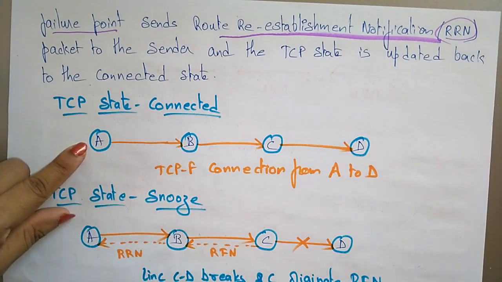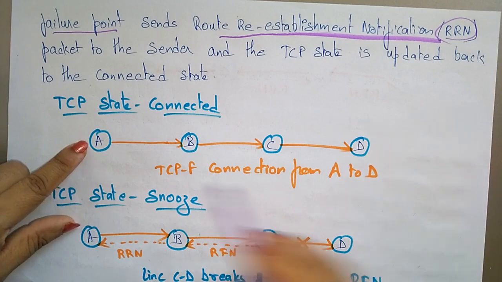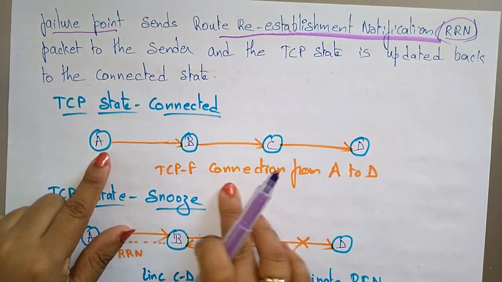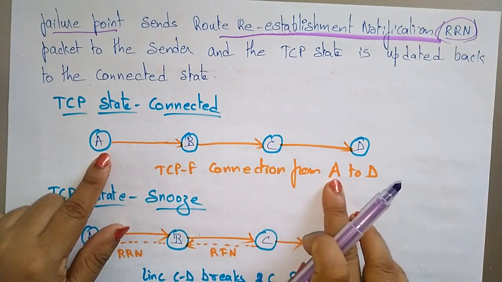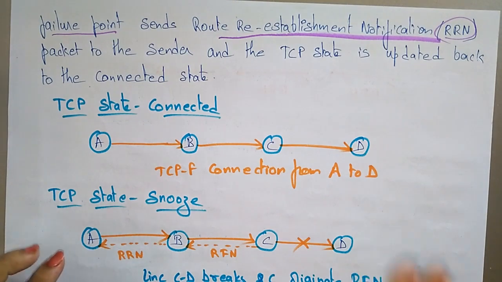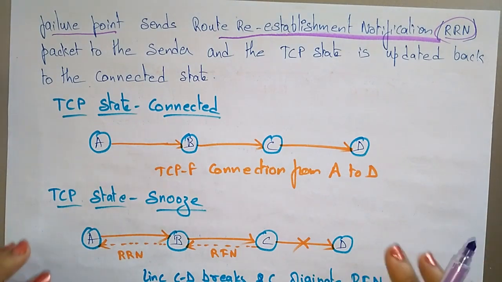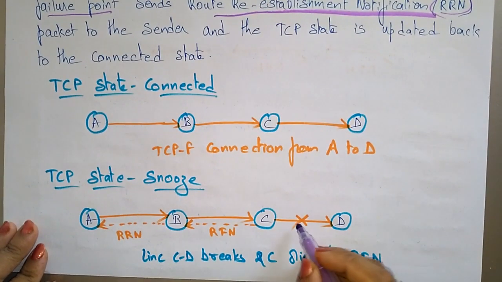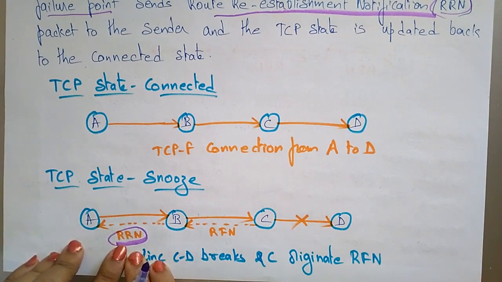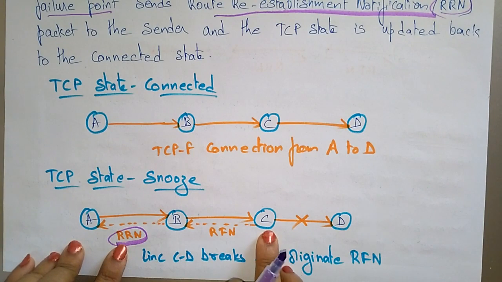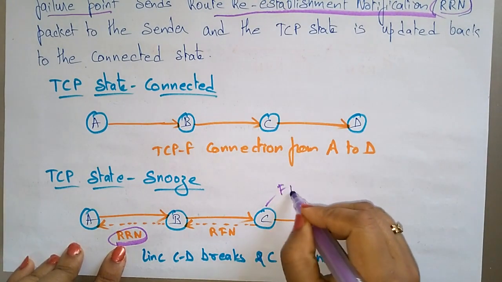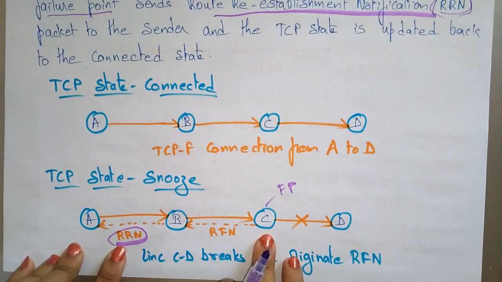So see here the example. Suppose the TCP state is connected, meaning it is a normal process: A to B, B to C, C to D. D is the destination. So there is a TCP feedback connection from A to D. Now think the TCP state is snooze. C is the failure point, an intermediate node.